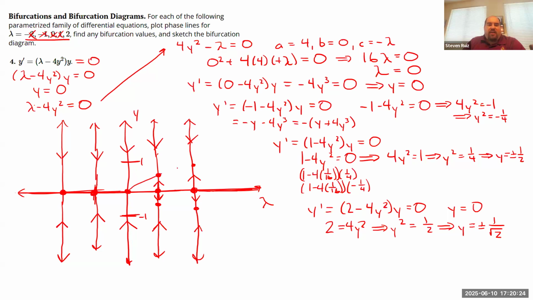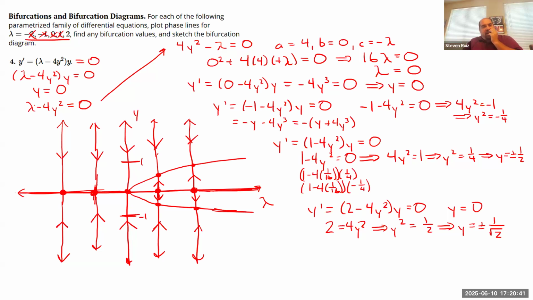The other part of my bifurcation curve is going to look like this rightward opening parabola, which kind of separates these increases from these decreases.